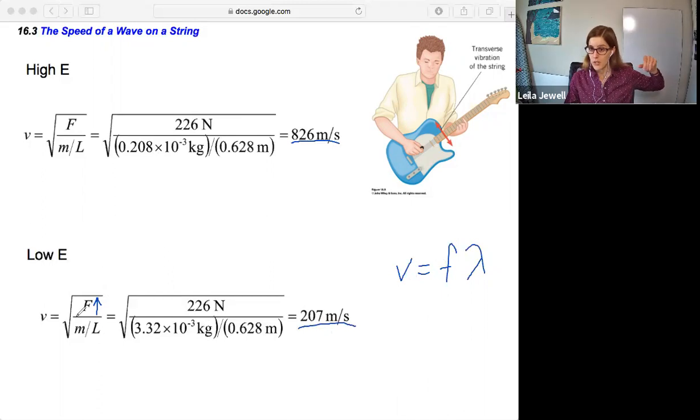As you increase the tension, you'll increase the speed. If you increase the speed, you'll also increase the frequency. So you can bring your guitar to a higher pitch just by adjusting the tension. So that's a little bit of an aside, but I wanted to highlight it because it is very cool.